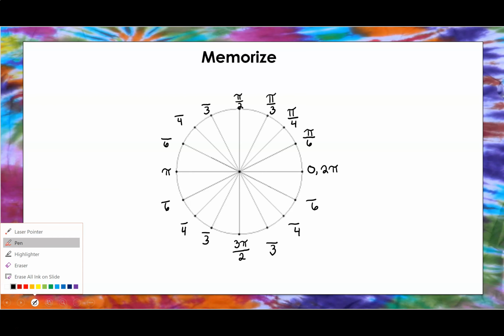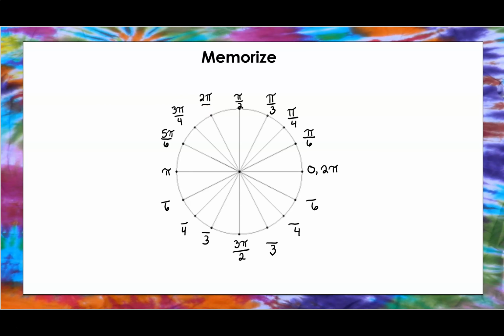I look at the denominator here, and subtract 1 from the denominator. So here, we're going to have a 2 pi over 3 because that's 1 less than our 3. Here, we're going to have a 3 pi over 4, and here we're going to have a 5 pi over 6. We're subtracting 1 from the denominator.